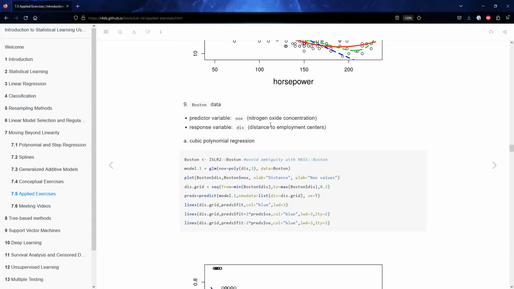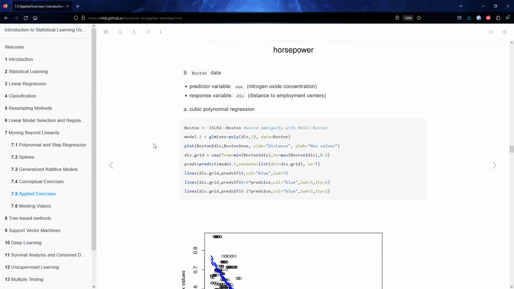Our predictor variable, I think I have these switched. Our response variable was the pollution level represented by nitrogen oxide concentrations. Our predictor variable was distance to employment centers.